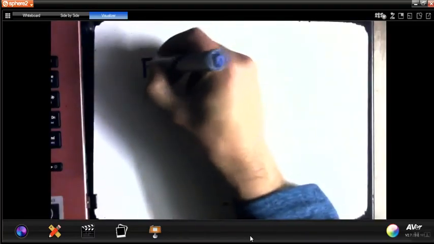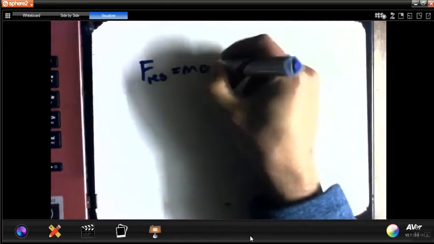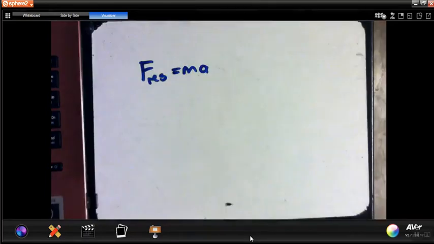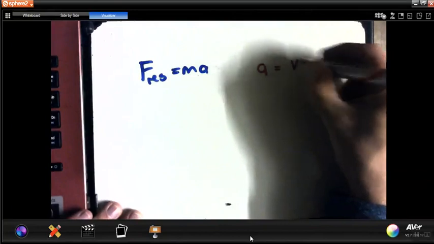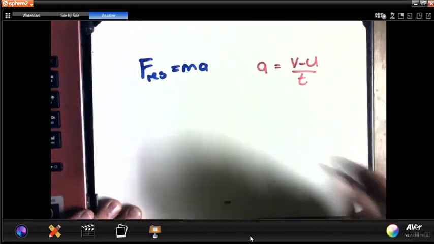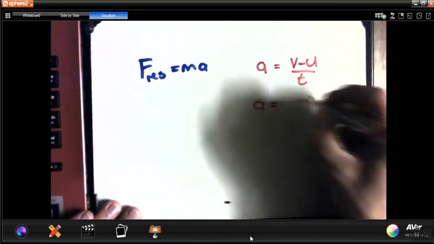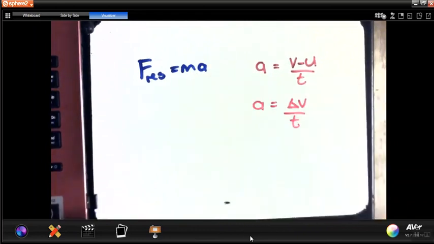So we all know that Newton's second law says that the resultant force is mass times acceleration. We also know that acceleration is equal to the final minus the initial velocity over the time, or we can call it the change in velocity over the time.